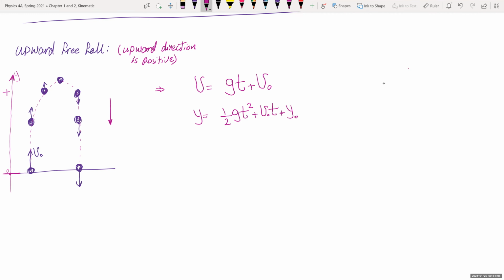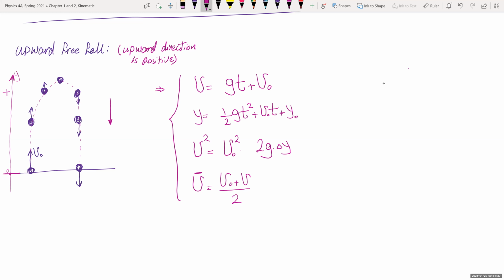See, same as free fall, nothing changed so far. The third equation is V squared equals v naught squared plus 2g delta y, and V bar is v naught plus V divided by 2. We have 4 equations in kinematics.